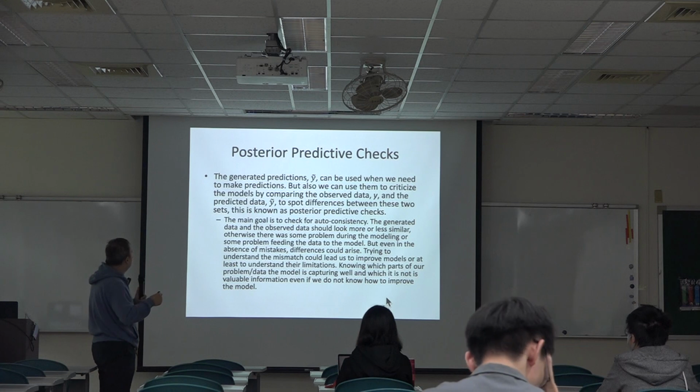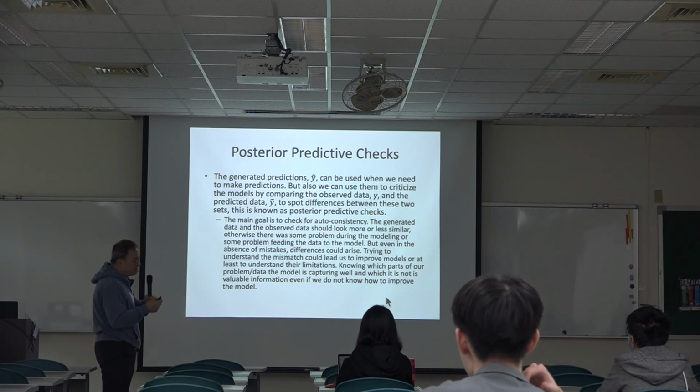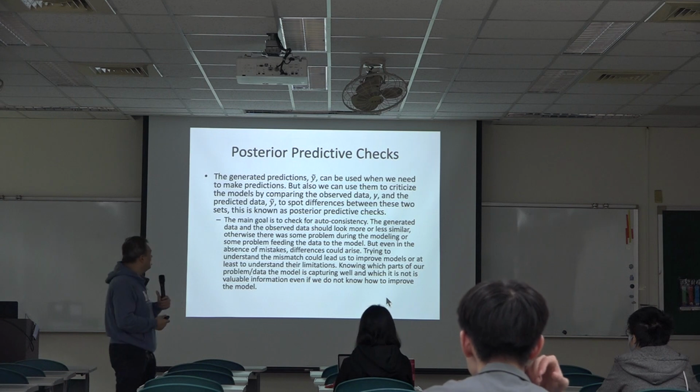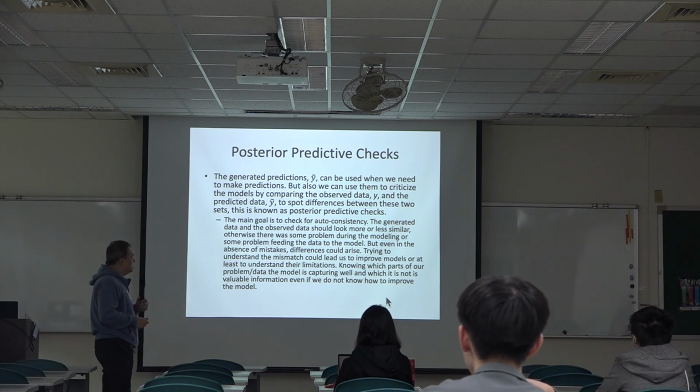We can use them to criticize the model by comparing the observed data and the predicted data. So y and y hat, we compare them to see the differences between these two sets, and this is known as posterior predictive check.